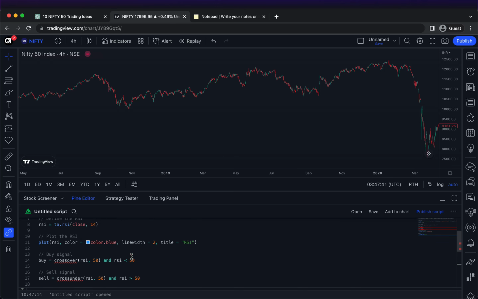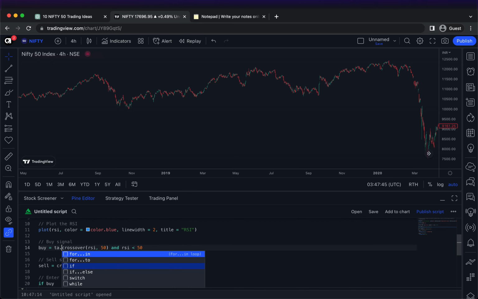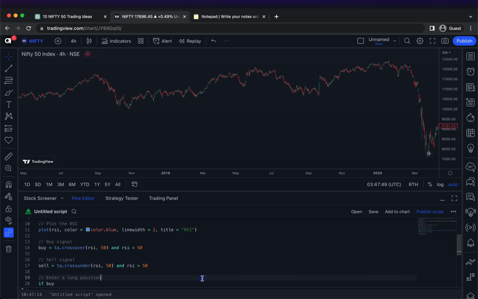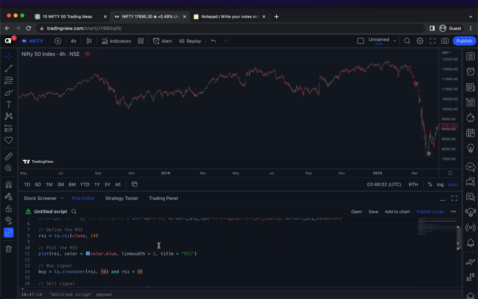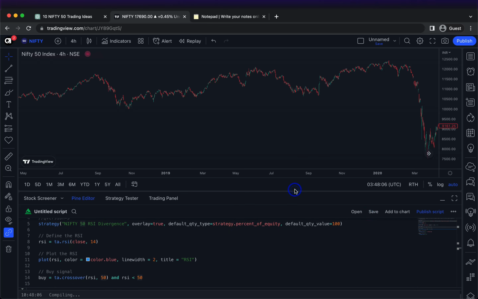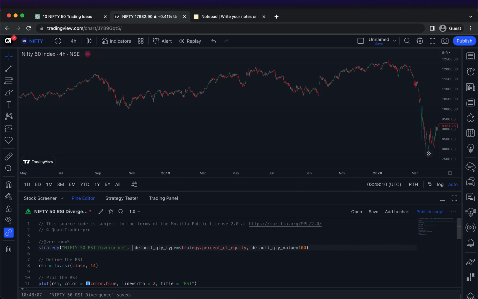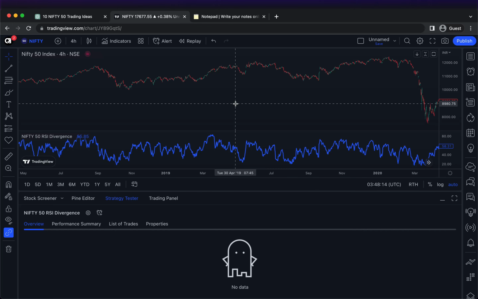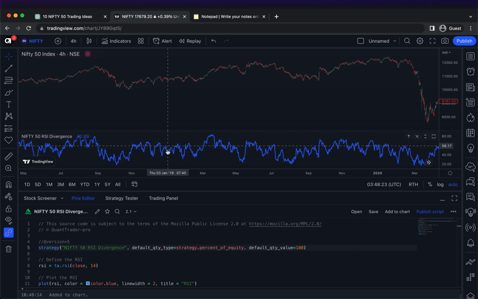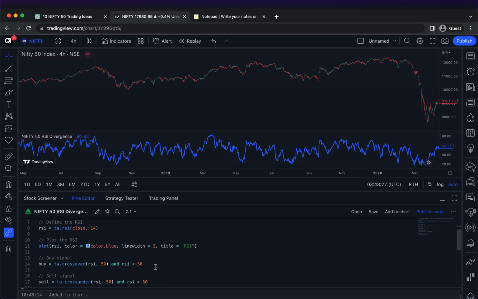So let's copy paste it here, and additionally put ta.crossover, ta.crossunder. And this one, I don't think it will work because we're already crossing over RSI above 50, so it can't be less than 50. So let's remove the overlay. Let's add, you see, it doesn't work. So let's go back and let's do some editing.